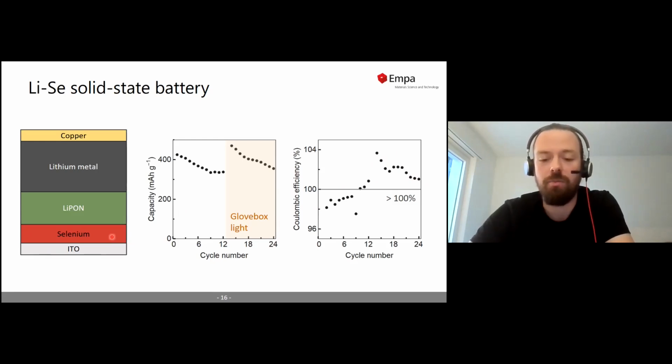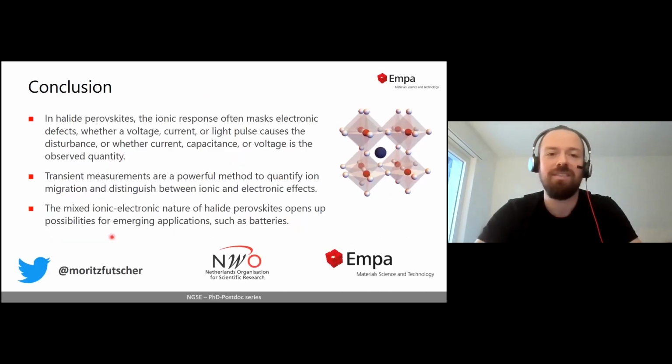That is one beneficial point, but we can also potentially fast charge this battery much more by adding light to it. And this is a very interesting topic in the solar cell and in the battery community at the moment.